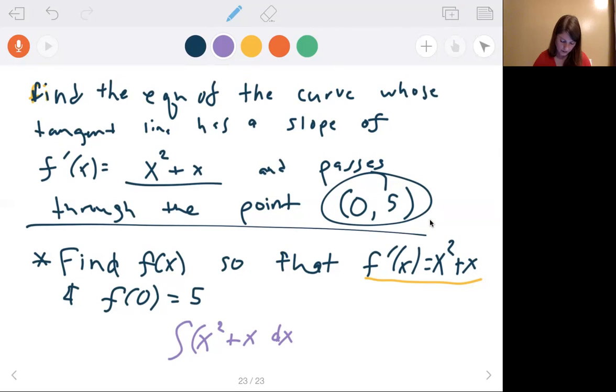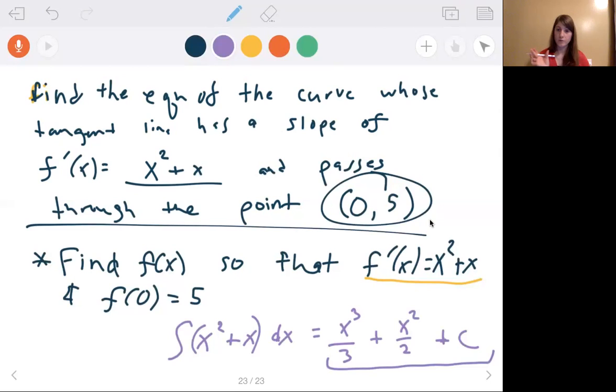So what this is telling me is that this is the form for my particular function. It's a cubic, and it has to be x cubed over 3 plus x squared over 2, and then we could have any constant we want. But the constant that we pick has to be chosen so that 0, 5 is on the curve, or so that f of 0 equals 5.